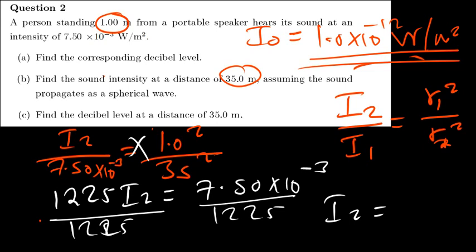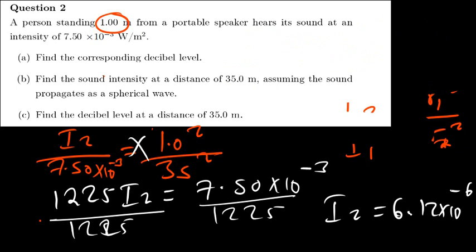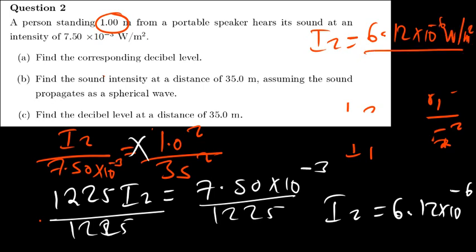I'll put my answer in scientific notation. That should be 6.12 times 10 raised to the power negative 6. Since I don't have space this side, allow me to put this answer here. So the intensity I2 will be equal to 6.12 times 10 to the power negative 6 watts per square meter, like that. So that's my answer for this part.